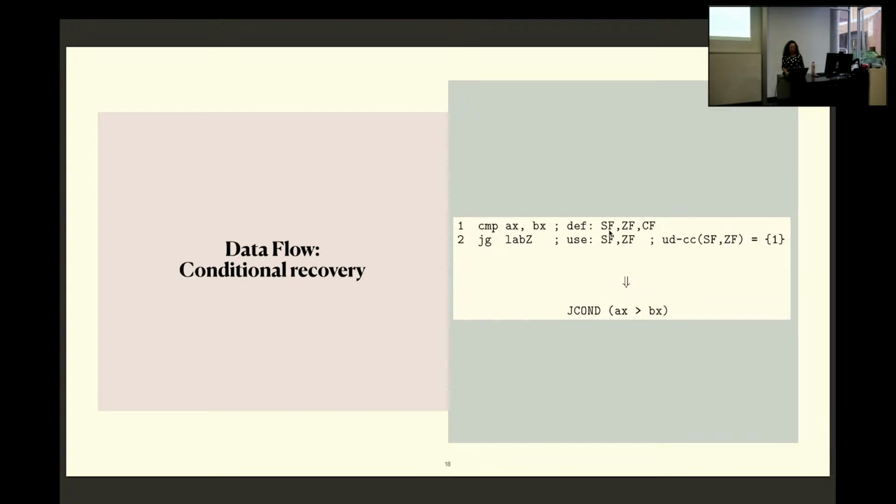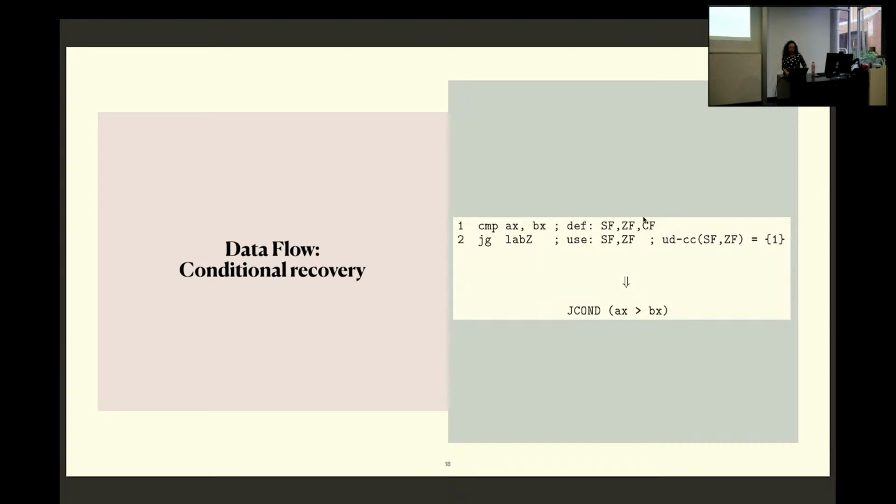The sign flag, the zero flag, the carry flag. And then when you have a conditional jump, like in this case it is jump on greater than, it is using some of those condition codes. So in this case it's using the sign flag and the zero flag.